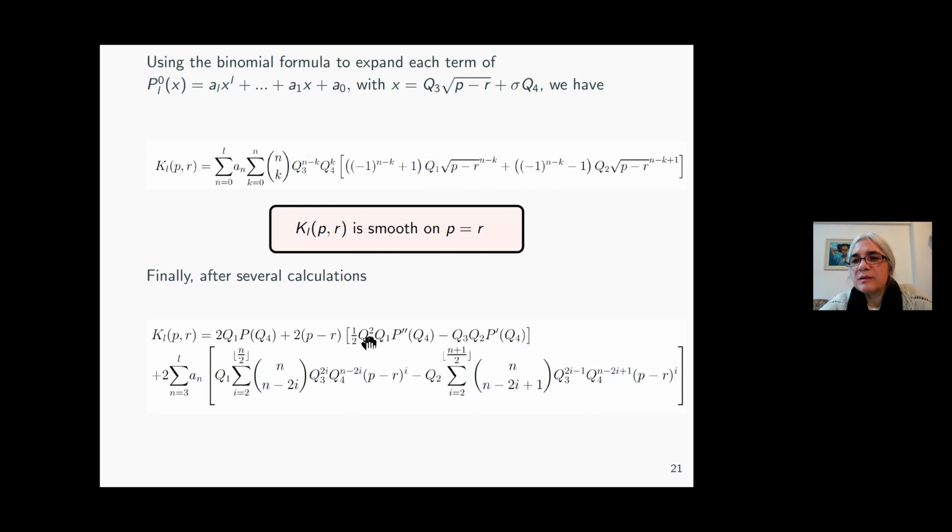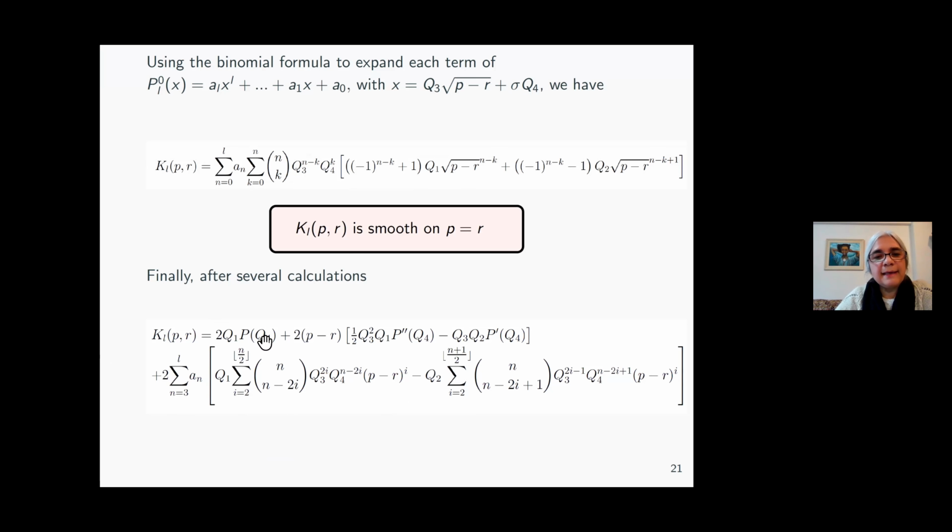Para mostrar las otras dos hipótesis, se siguen haciendo otros varios cálculos algebraicos y se llega a otra expresión del núcleo. Aquí lo que podemos ver es que cuando P es igual a R, el segundo término y los términos que están en el renglón de abajo se anulan todos.